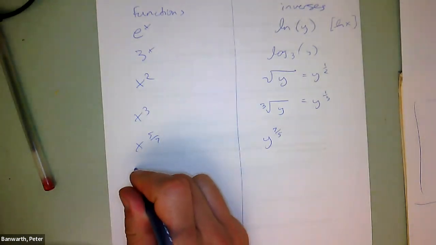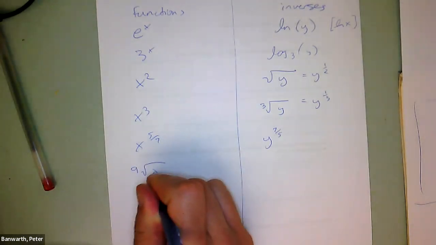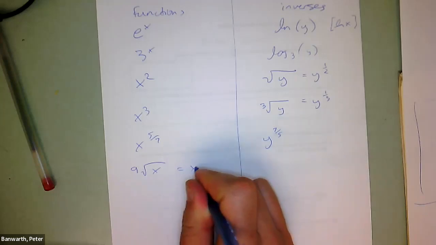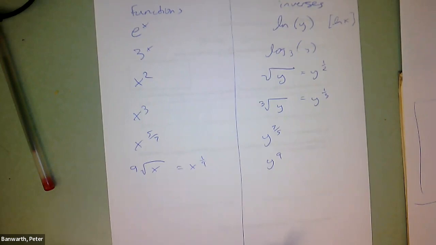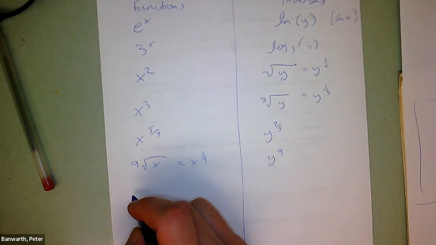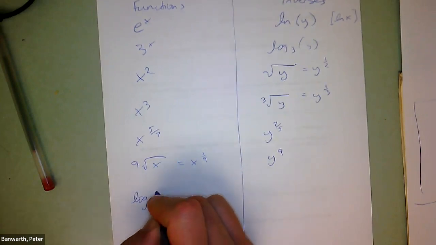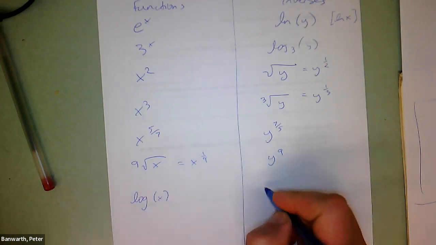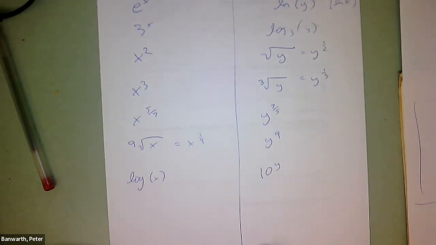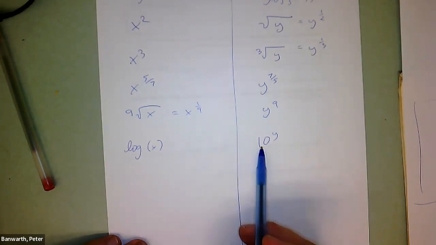If I have the 9th root of x, that's like x to the 1/9. That's just y to the 9th. If I have log base 10 of x, that's 10 to the y. All of these are just the inverse functions.